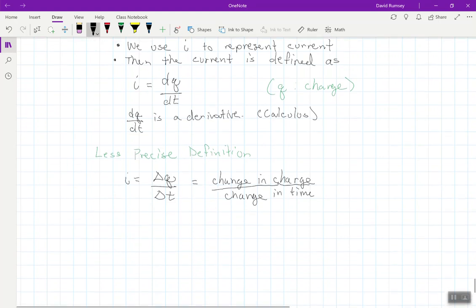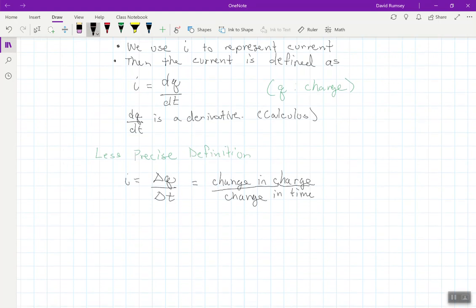Now, this is a less precise definition, and technically, if we want to get technical, this would be the average current over a time interval.